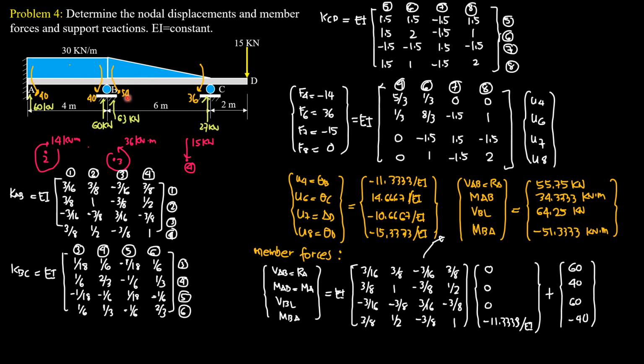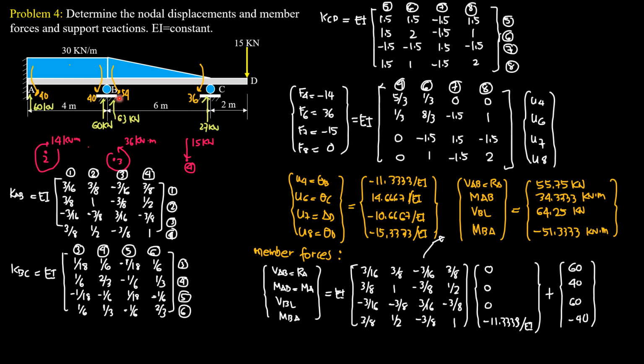I hope that the viewers already know that the fixed moment is WL square over 20 for triangular loading at this end with load intensity, and at the zero end, WL square over 30. So 30 times 6 square over 30 is 36 kilonewton meter.